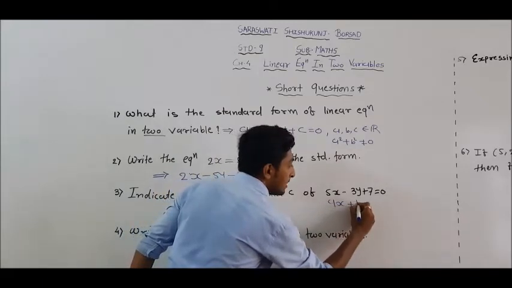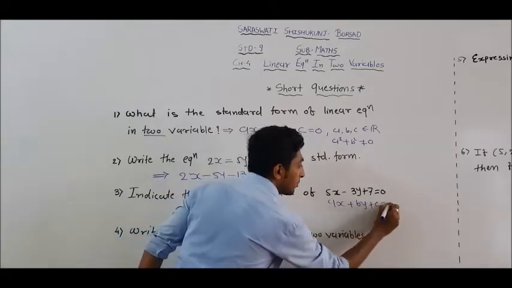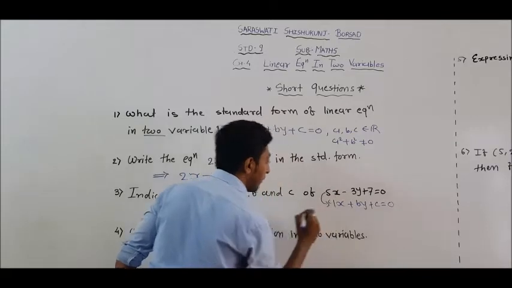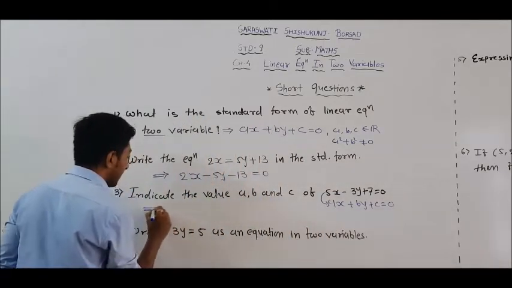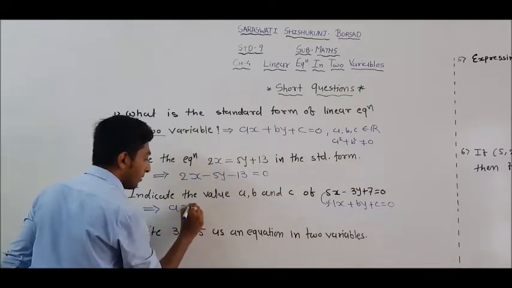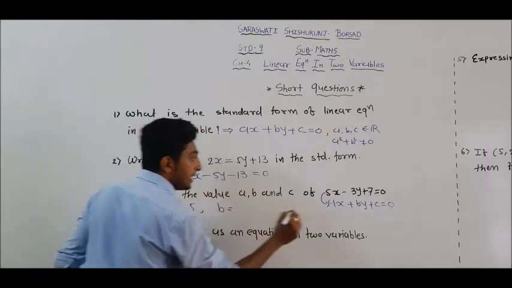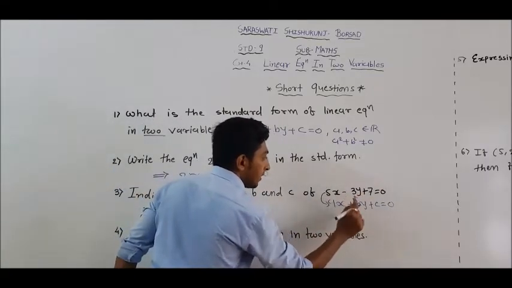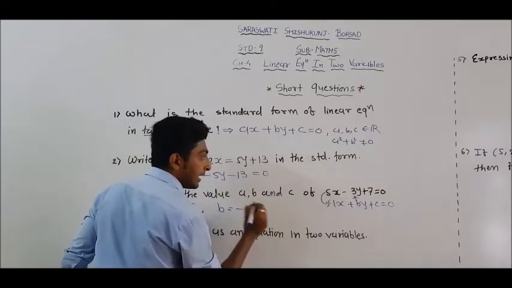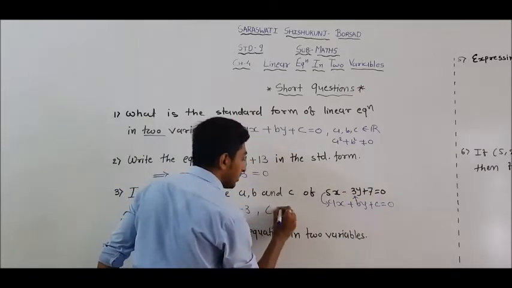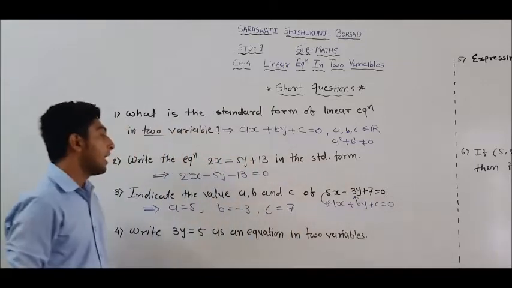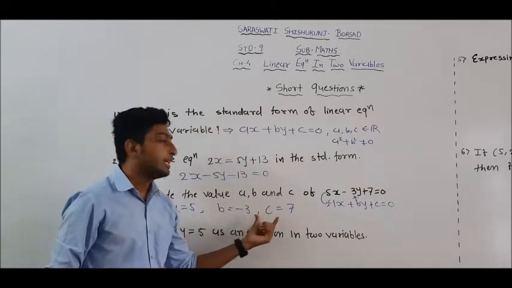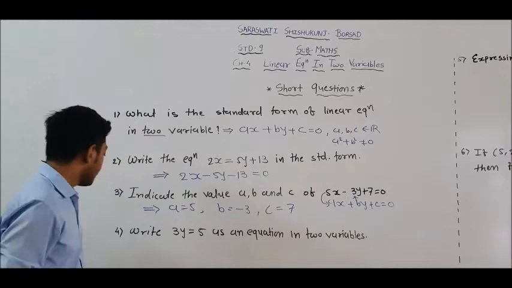What is a? a equal to 5. So here I can write a equal to 5. What is b? Here it is plus minus, so b equal to minus 3 and c equal to 7. So these are the values of a, b and c in the given equation.